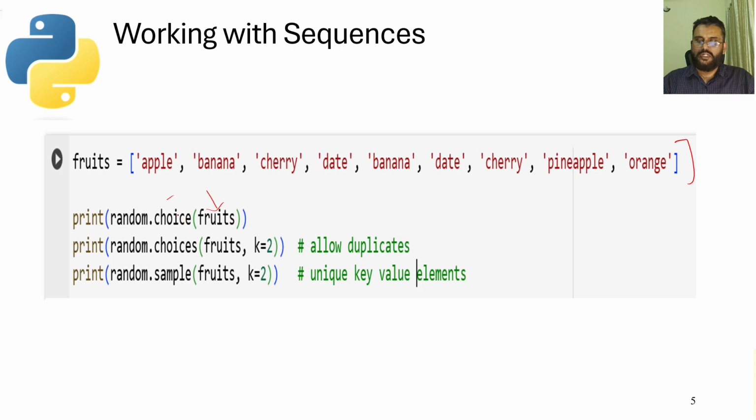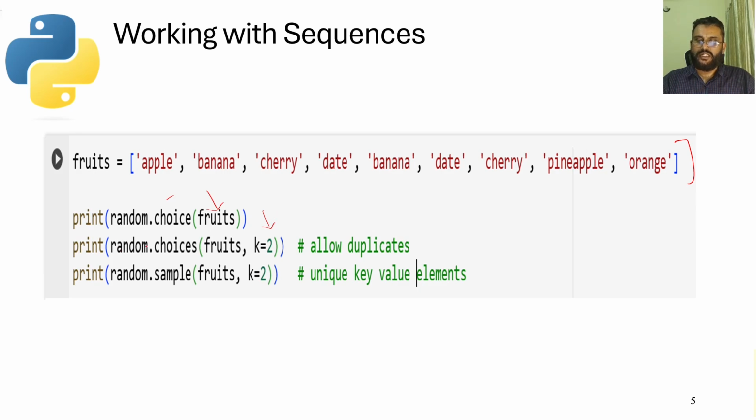And for random.choices, I need to provide this k, and k basically tells how many elements are to be retrieved randomly from the list which I am passing to this choices method. So this one will allow the duplicates.